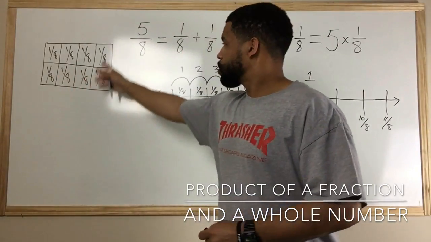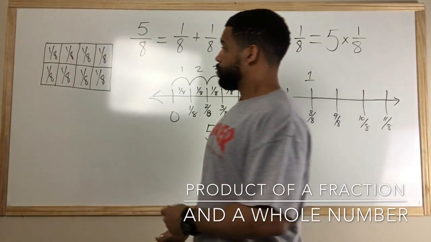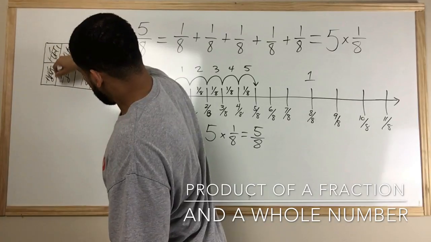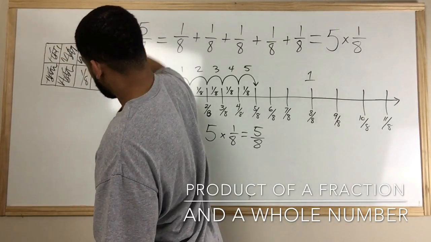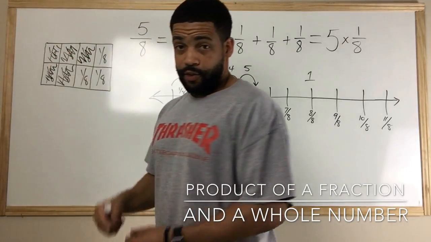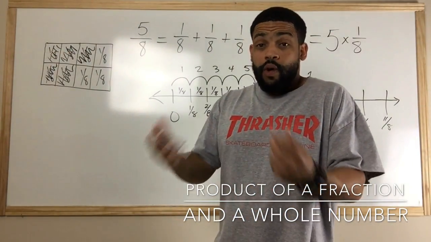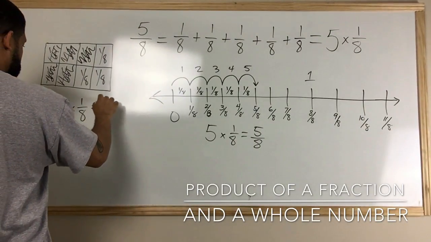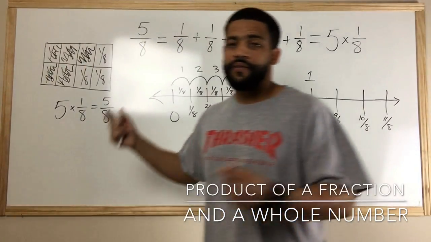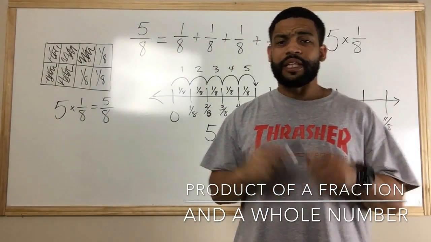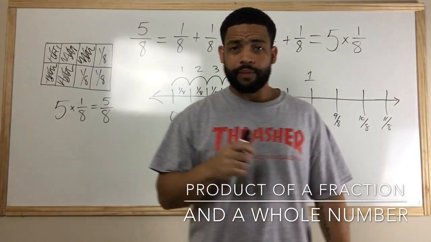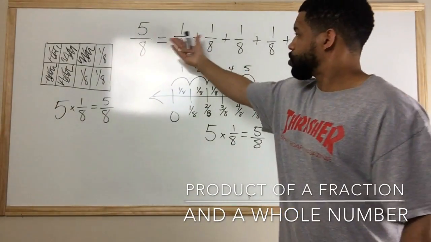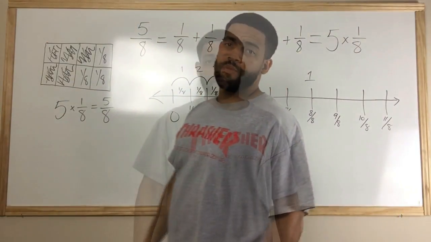Each of those is a 1/8 piece, okay? So I have 5 different pieces and they're each 1/8 in size. So 5 times 1/8 equals 5/8. Okay, so that's the beginning of multiplying a whole number times a unit fraction. We gave you 2 visual representations of it, and then we showed you just the numerical representation of it.